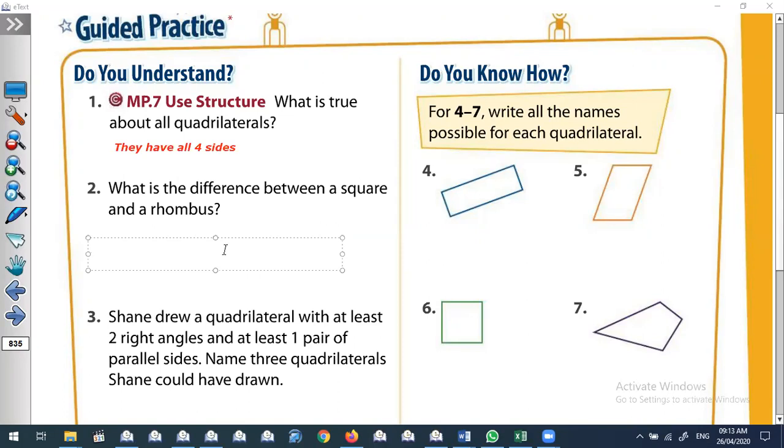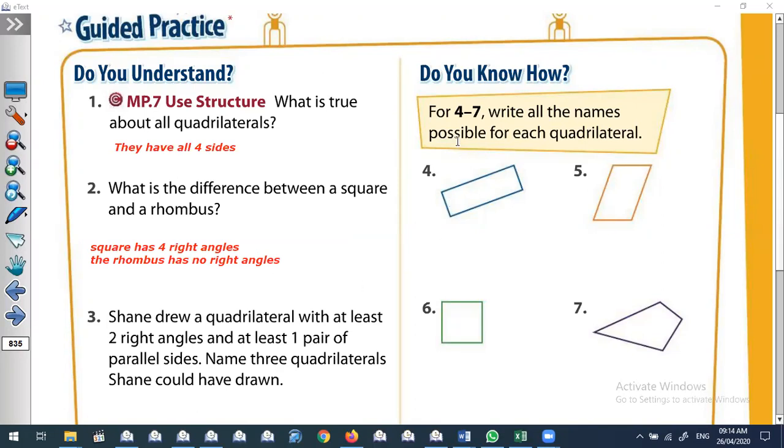But the square has four right angles, but the rhombus has no right angles. The square has four right angles, but the rhombus has no right angle.